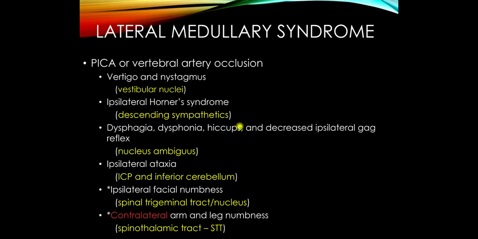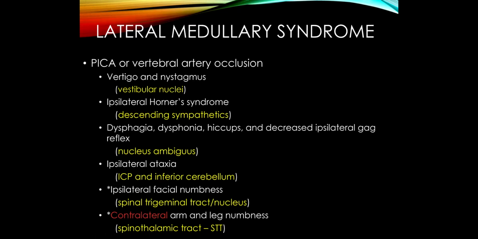There were board questions that just gave you a patient where one half of the face was numb and had loss of pain and temperature, and the opposite arm and leg was numb and had decreased pain and temperature. And that was still lateral medullary syndrome. Typically, you're going to get virtually all of these in lateral medullary syndrome.